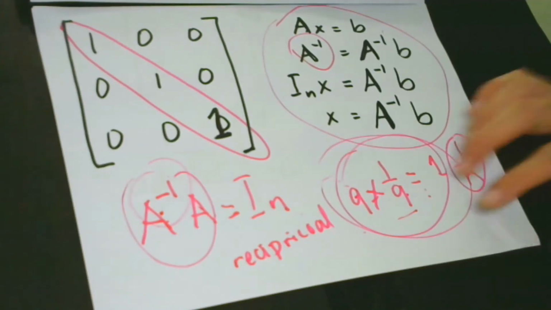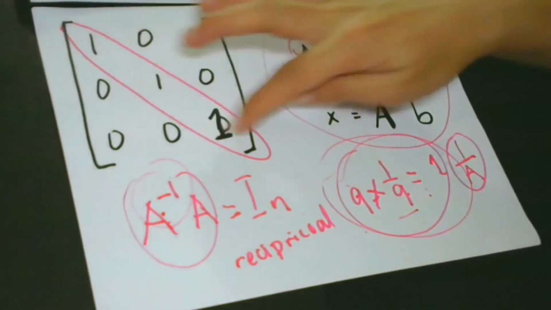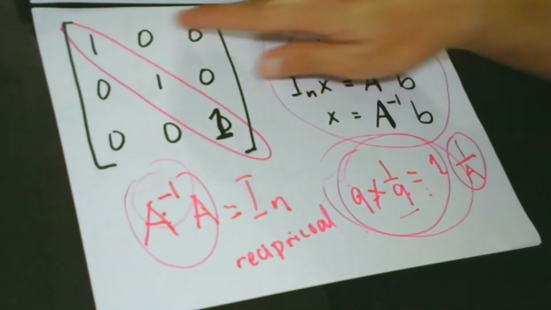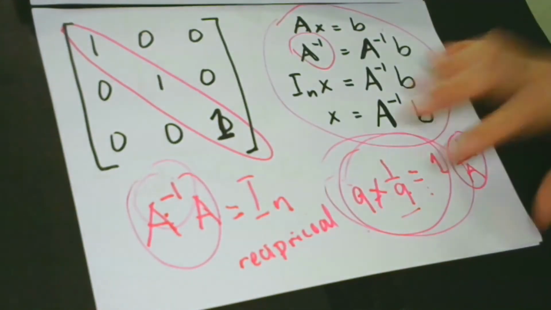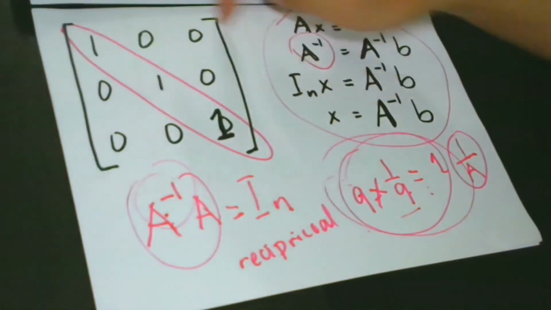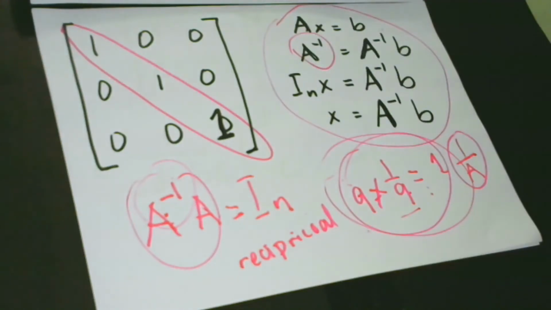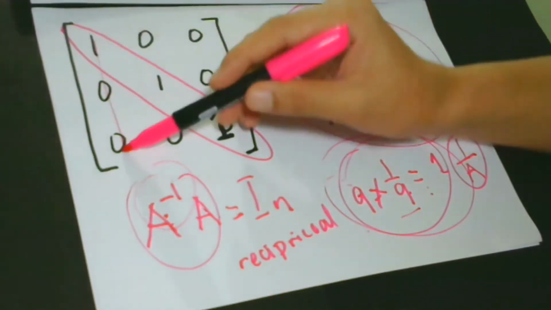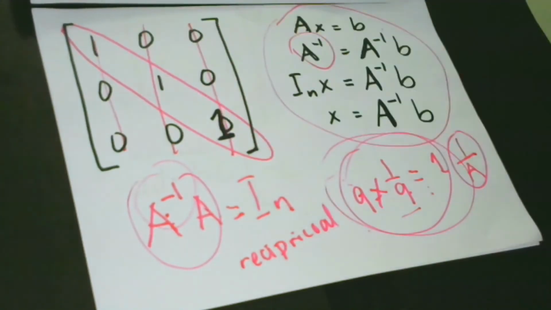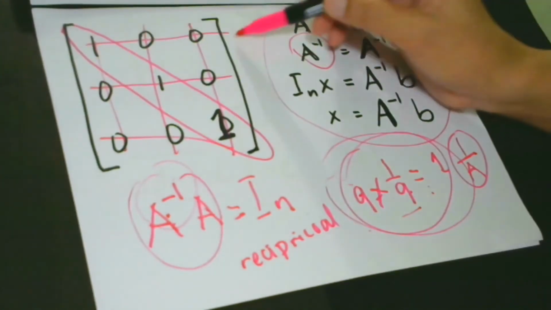Aside from the fact that an identity matrix has ones in the diagonal and zeros everywhere else, it is also square, which means that it should have the same number of rows as columns. So how many columns do we have in here? We have 3, right? So 1, 2, 3. Then how many rows? 1, 2, 3. So this must be square.